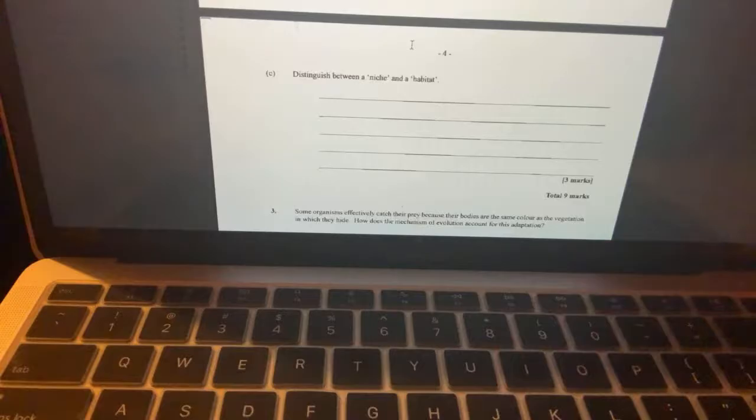How about the habitat is not species specific? Many species can occupy the same habitat, while the niche is species specific and it only supports a single species, right? That could be a viable answer. I am posting that in the chat as we speak.